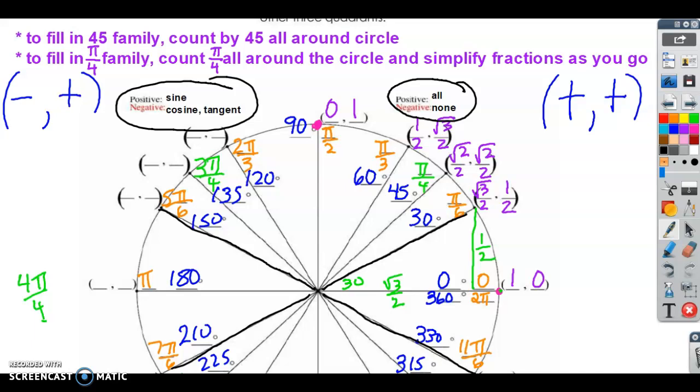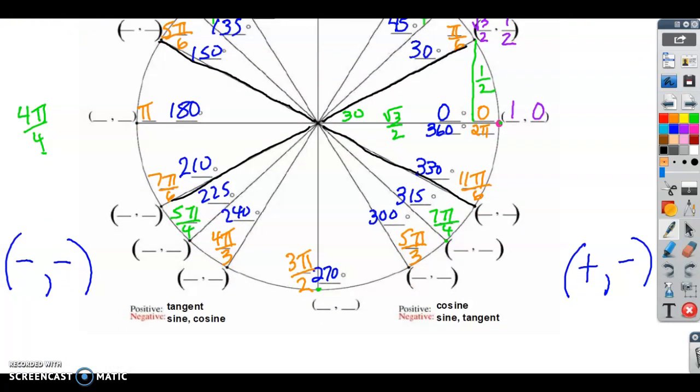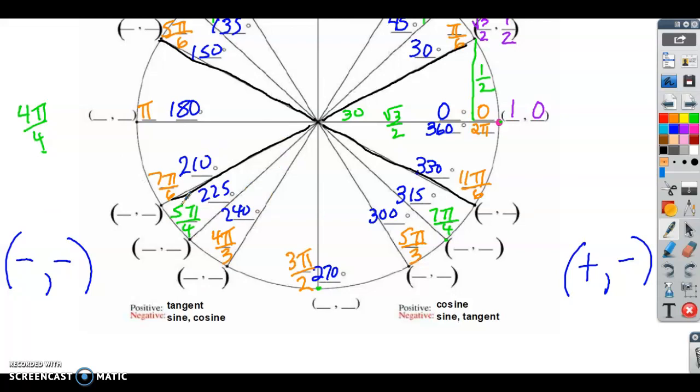The cosine is the x value. That's negative in the second quadrant. And tangent is sine over cosine. So if one of sine or cosine is positive and the other one is negative, then the second quadrant will make that value negative.